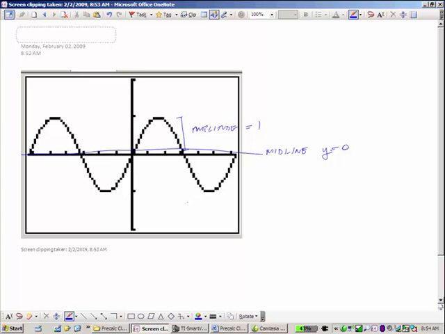Degrees or radians? Exactly. We're measuring in radians. So if we're measuring in radians, you can tell me exactly how much that is to complete one cycle. How many radians to complete one full cycle? Think of your table if you need to. How far do we have to go to start repeating ourselves again? Yeah, that's exact. Say it loud and proud like you mean it.